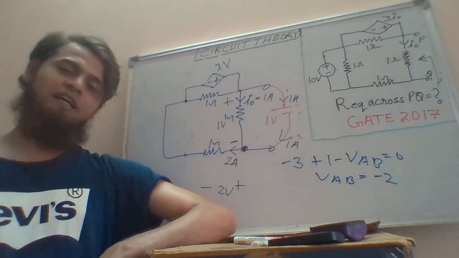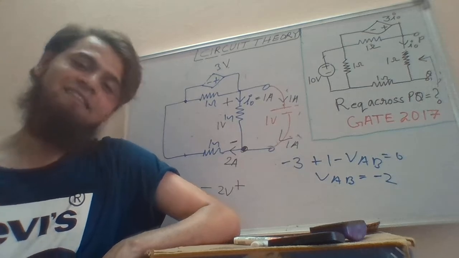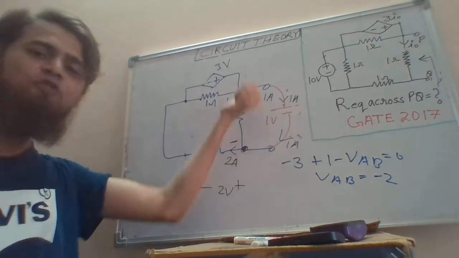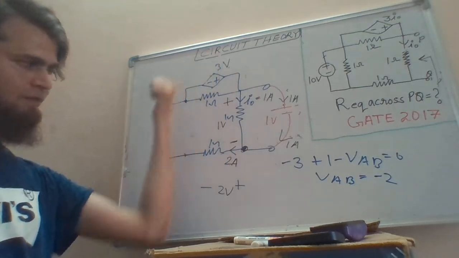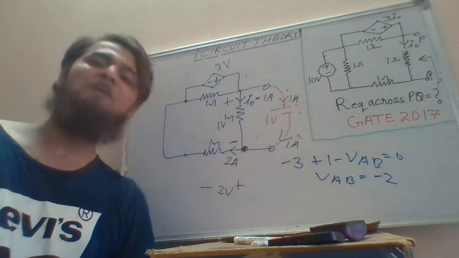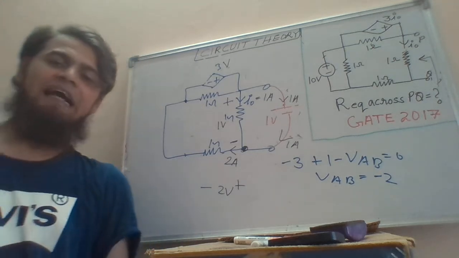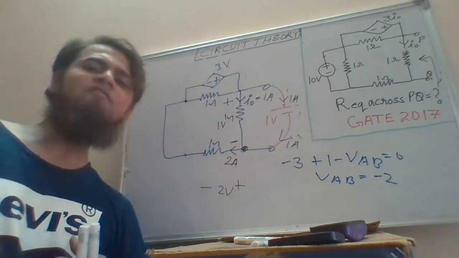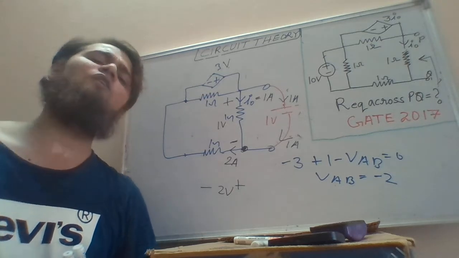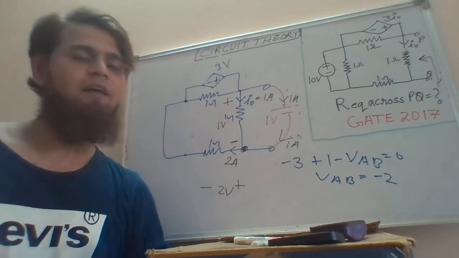So what can you say? What we can say is that the equivalent resistance of this blue circuit is negative. So now again the big question is, what is this negative resistance, or what does it mean when you say that the equivalent resistance of any network or circuit is negative.